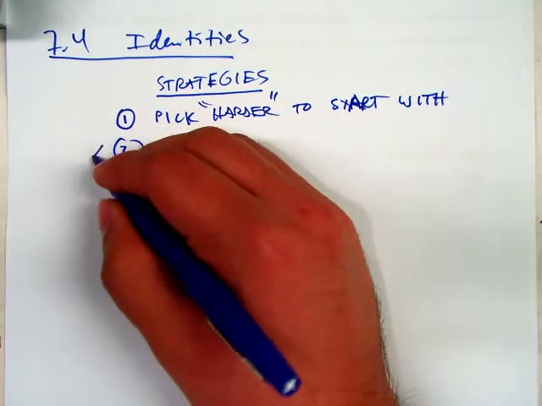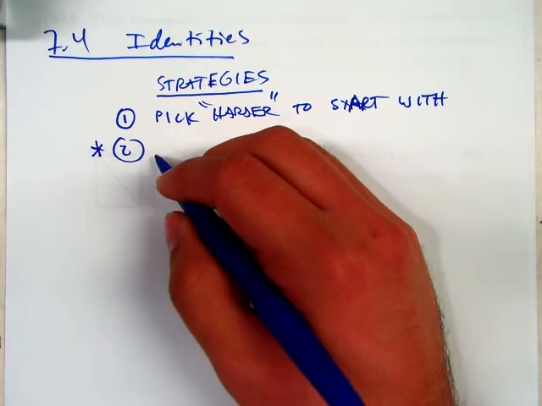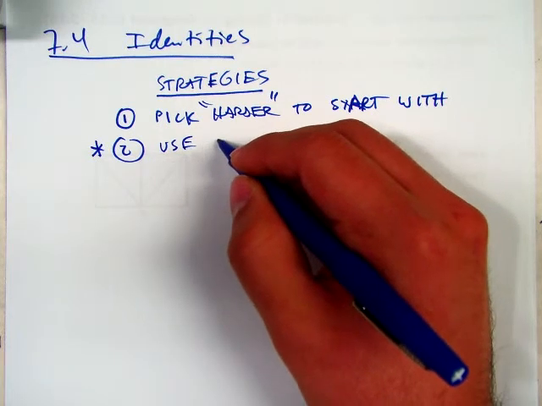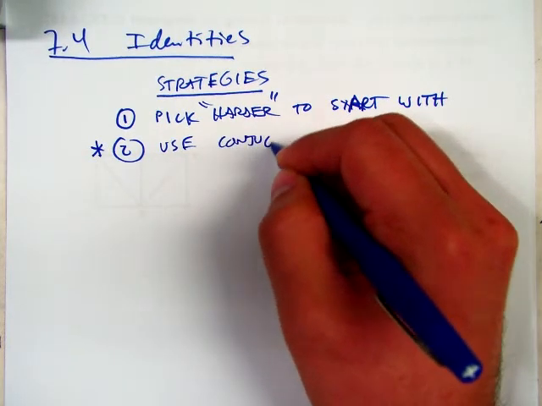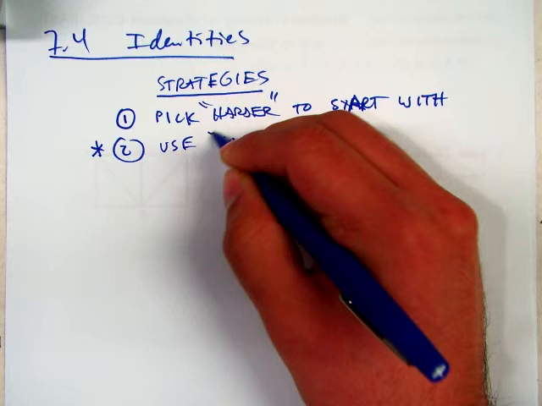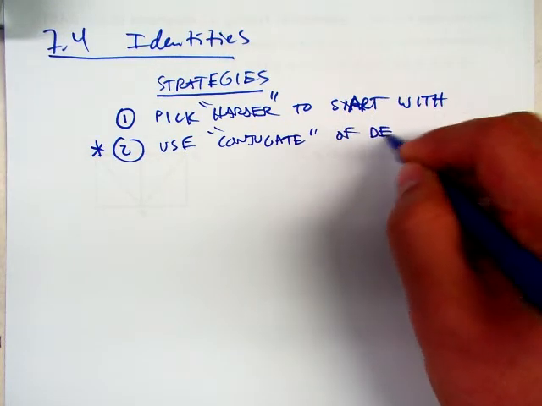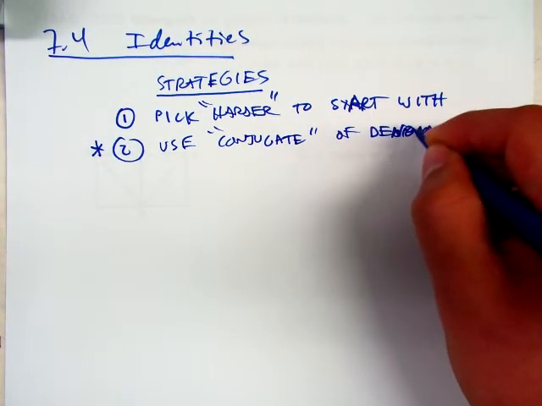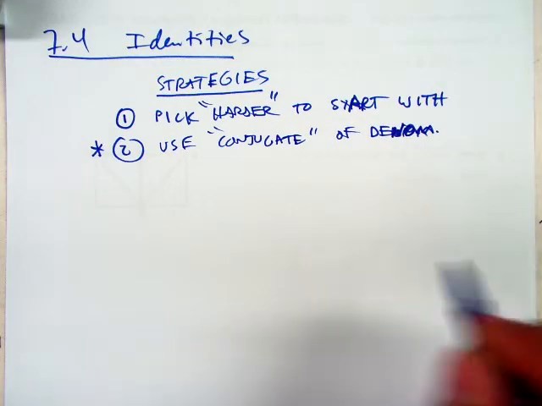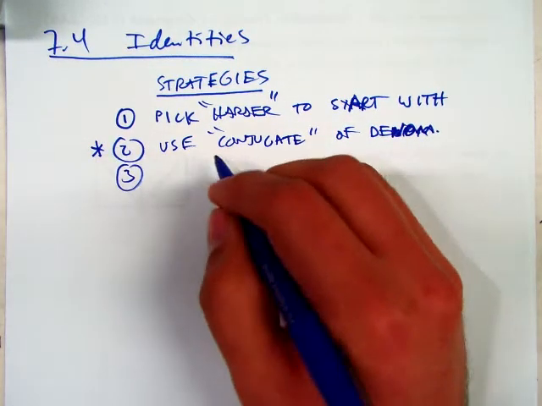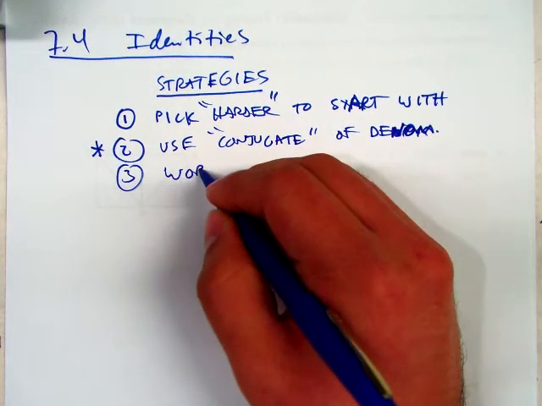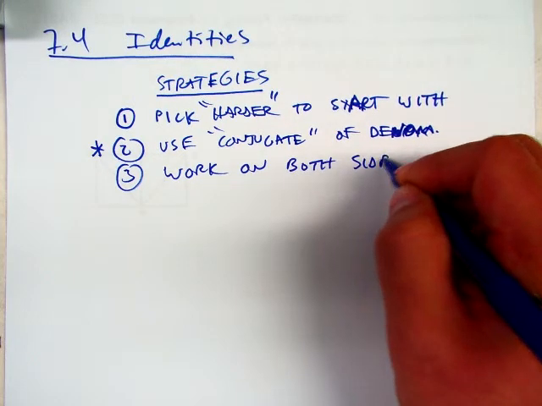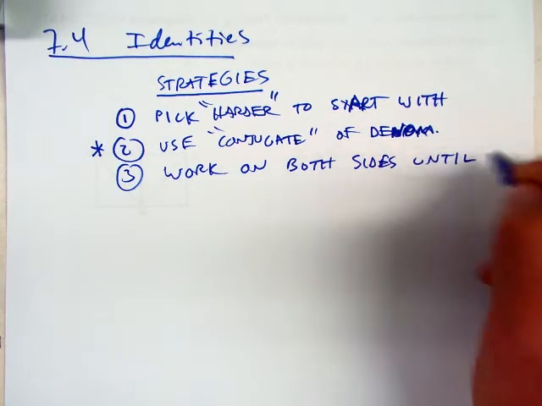Occasionally, this is not always the best option, but if nothing's really working, you could try using the conjugate of the denominator, and I'll illustrate what that looks like, don't worry. 3, this is like the last resort. Work on both sides until they match.